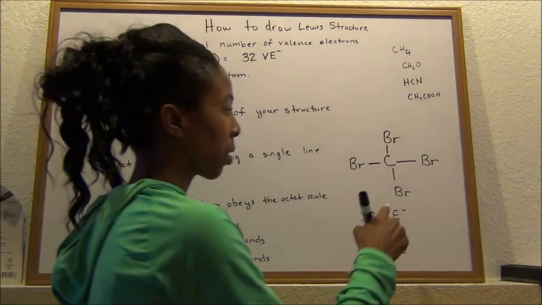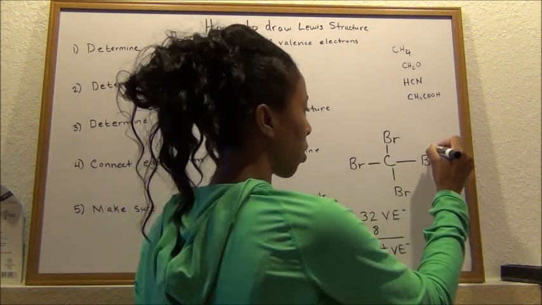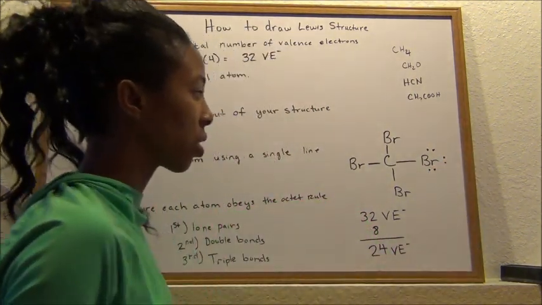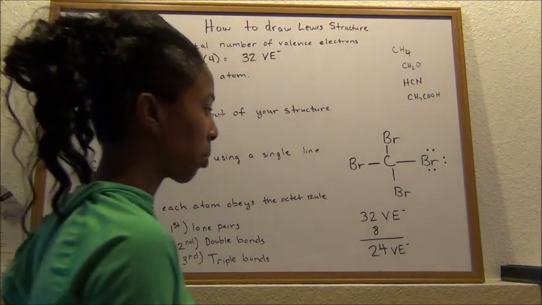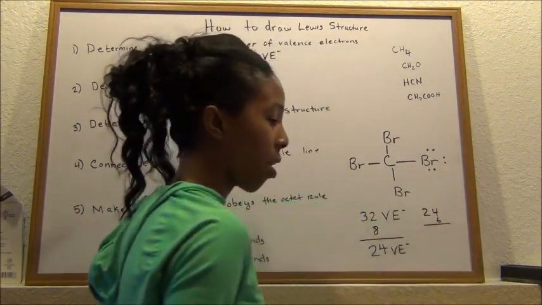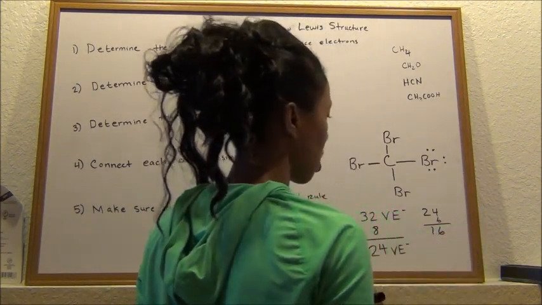So now I'm going to go in and put in my lone pairs. So bromine has 2 already around it, 4, 6, 8. So I've used up 6 electrons from the 24 that was left over.